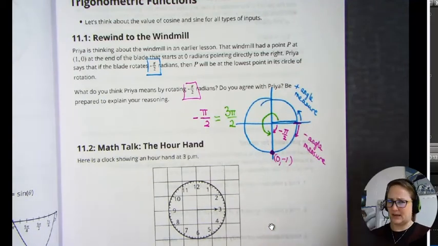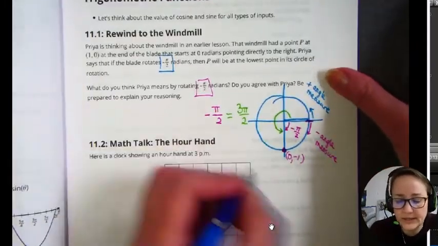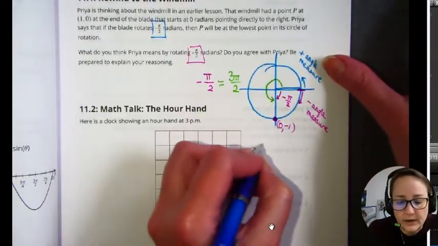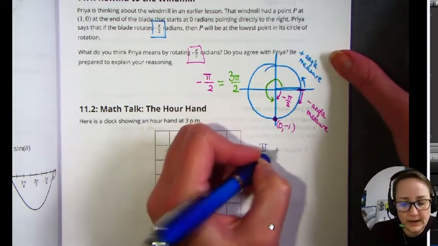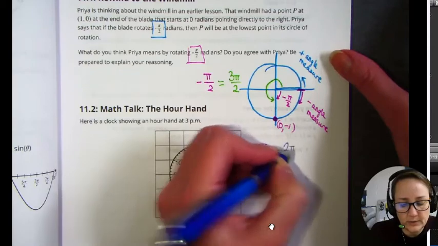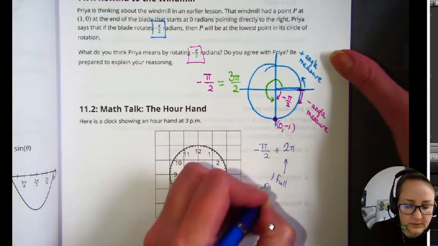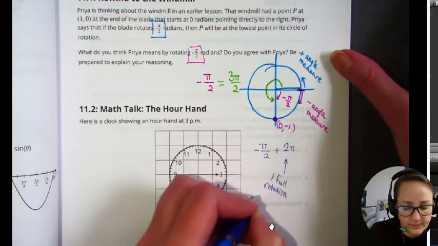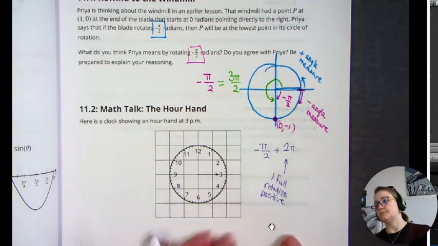You're like, wait a second, what is that? Say that again? No problem. We could take negative pi over 2. We could add 2 pi to it. That is just 1 full rotation in a positive manner.